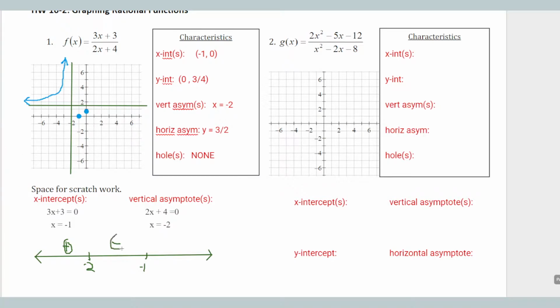Again, you really don't necessarily need to do this because once you do a bunch of these, you can get a feel for what the graph is going to look like. But we do need to verify that we're not going to cross over that asymptote, so we'll do that last. So if I plug in a big number like 100 as my representative, I'm going to get a positive value, which is to be expected.